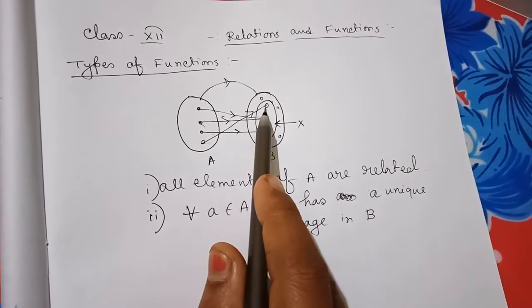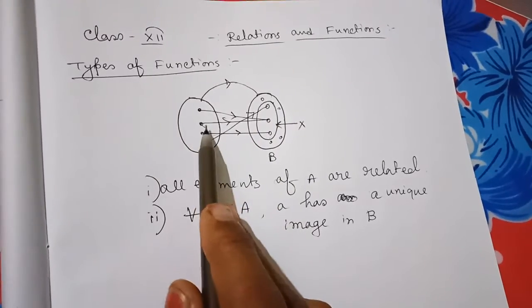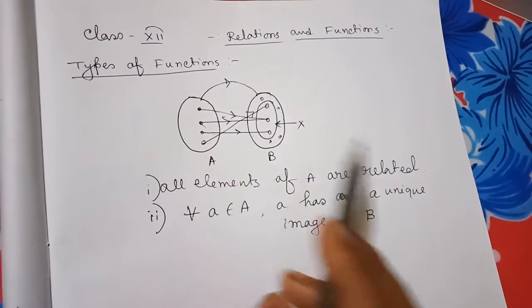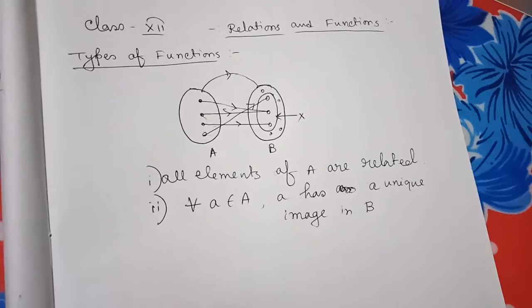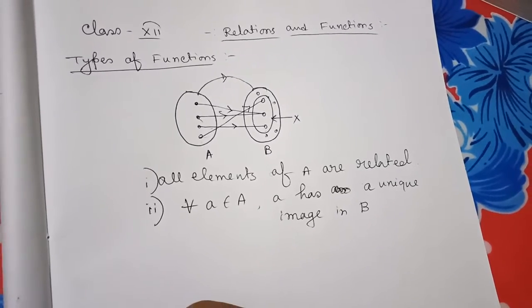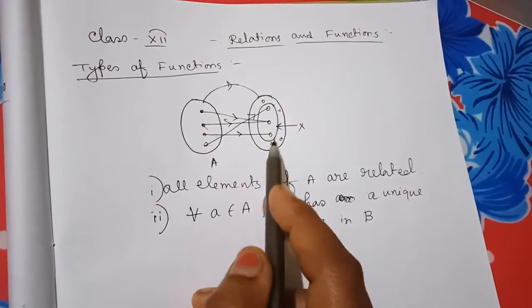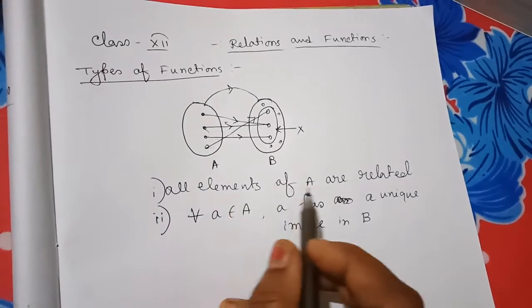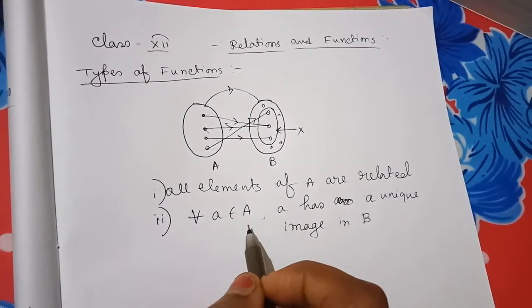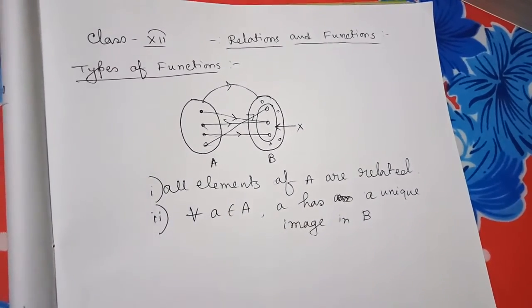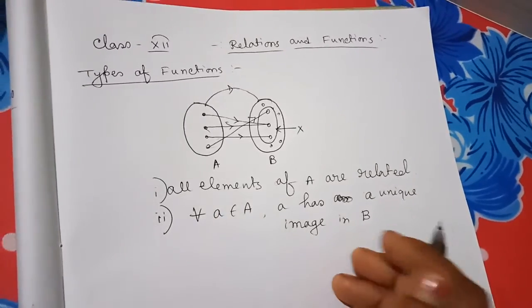What does it mean? It means no element will have two images. So these two are the conditions for a relation to be a function.